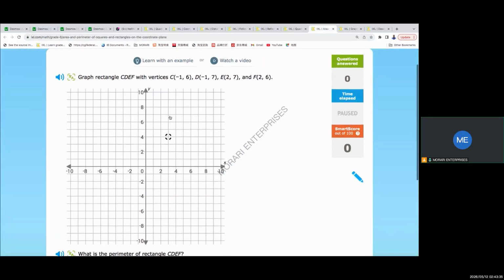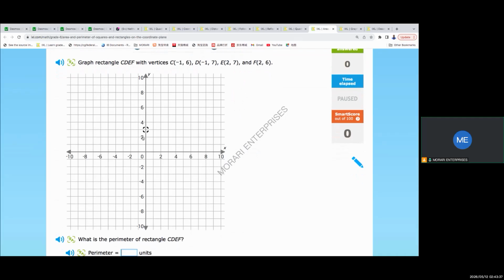Let's try some other exercise. Ooh, rectangle. Okay, it says, shade a rectangle with 4 points, C, D, E, F. Point C is -1, 6. So 1 left, 6 up. So that's a point. Next point, D, -1, 7. So -1, 7. 7 is right here.